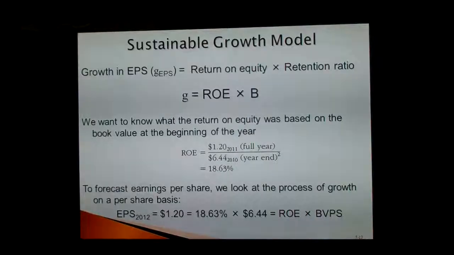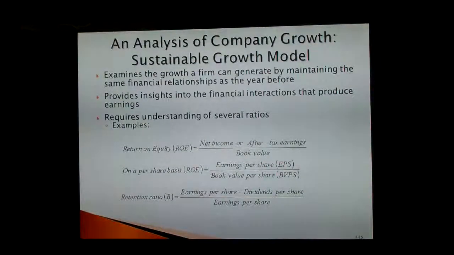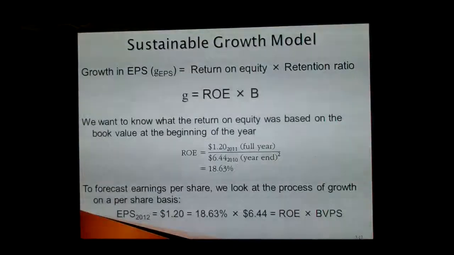Return on equity. So we're seeing the earnings per share over the book value per share, right, to get the ROE. So what is that really breaking it down to? What we're bringing in per unit of the company.